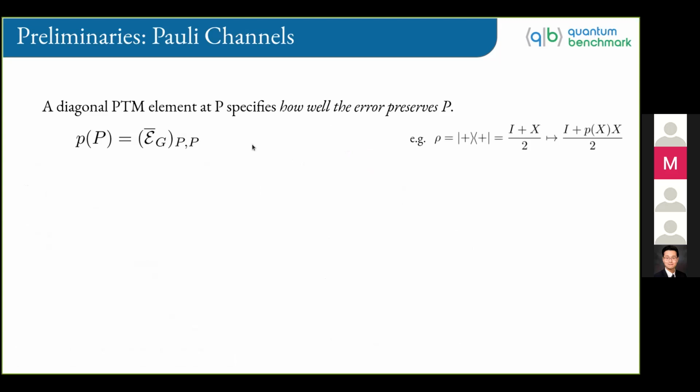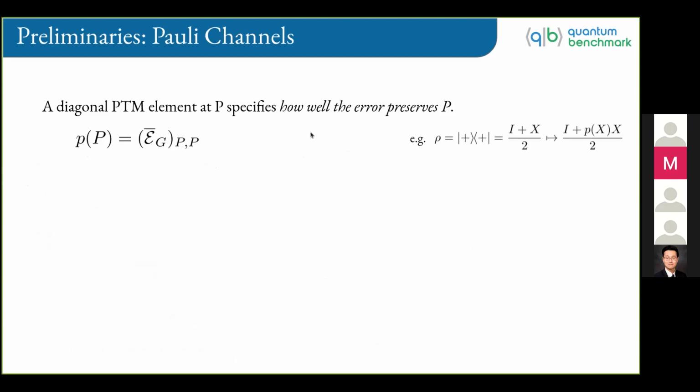Now, the diagonal element of an error matrix is basically telling you how well that error matrix preserves a given Pauli. So for example, if your initial state is plus along the x basis, then it's telling you that you're going to shrink in that direction by px.